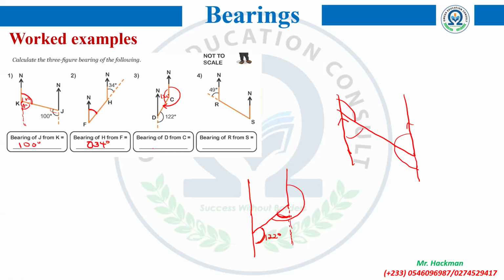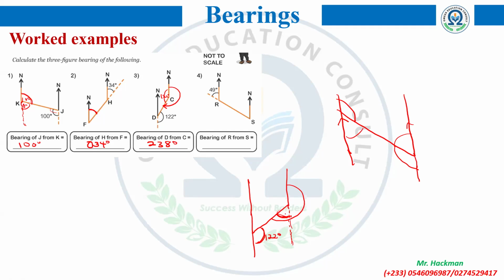We didn't write the value there, so let's write the value. We've answered the question, so let's write the value once you know that we are done, only that we are looking at an alternative way. What did we get? 360 minus 122. Come again. 238. 238 degrees. Now let's come here.